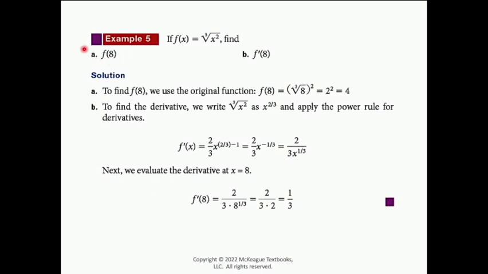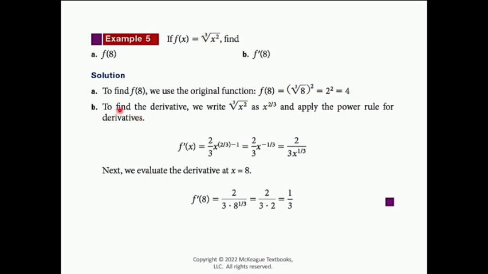So for the first part, we're going to evaluate the function at x is equal to 8. So I'm going to take 8 and plug it in. So I have 8 squared is 64. And then I'm going to take the cubed root of 64, and that gives me 4. So there's the explanation there. Although I did it in reverse direction, I squared it first, but it doesn't matter which order you do it in.